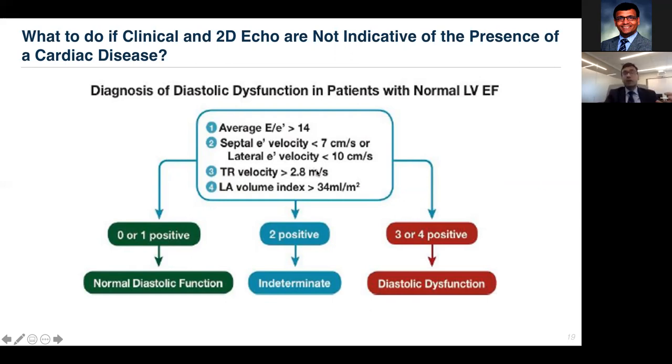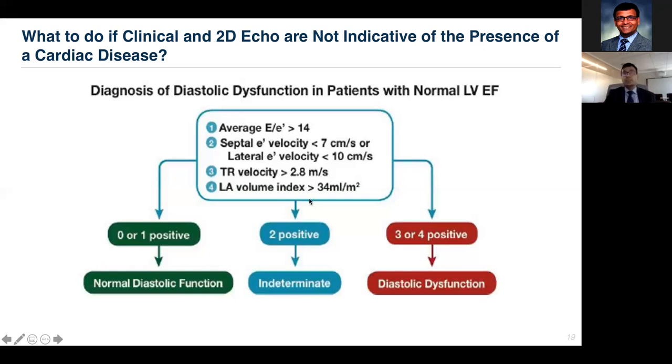This is a frequent finding that we see in clinical practice, that the TR velocity is not obtainable, and having just two features present requires some additional features like pulmonary venous flow, or sometimes we go in for global longitudinal strain, to see if there is any abnormality that can be picked up, to provide more consistency that this patient seems to be having diastolic dysfunction.